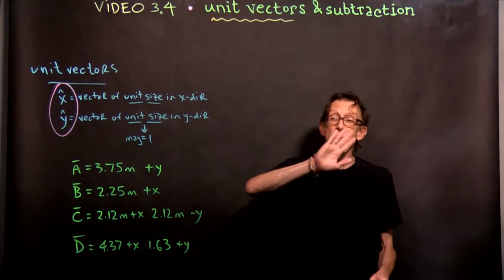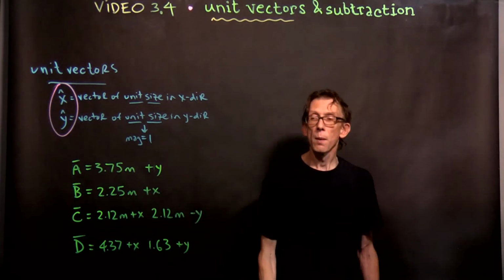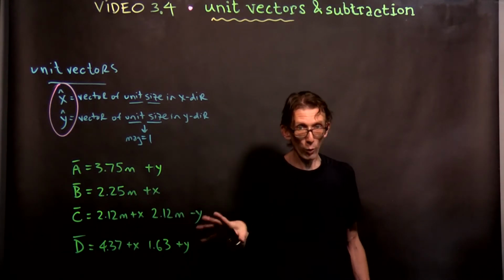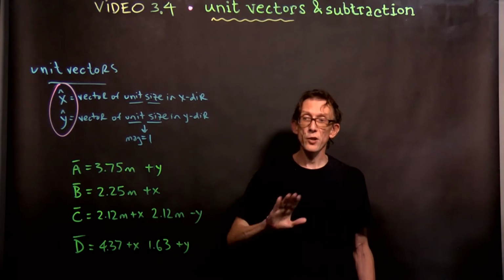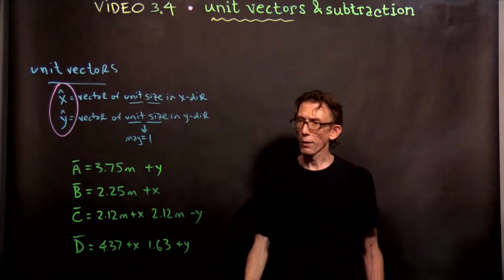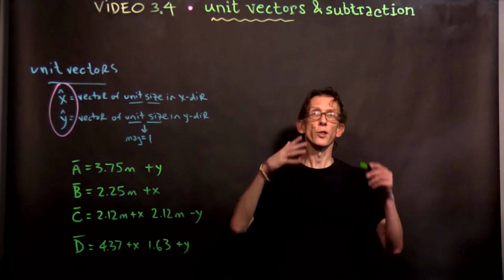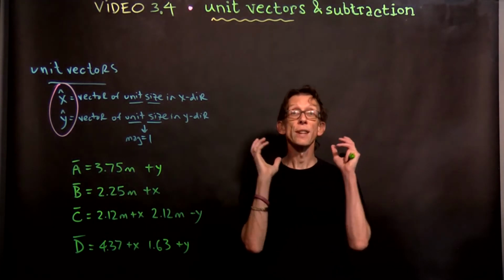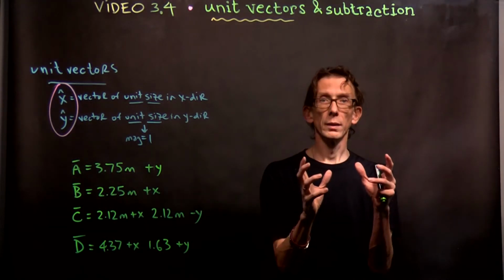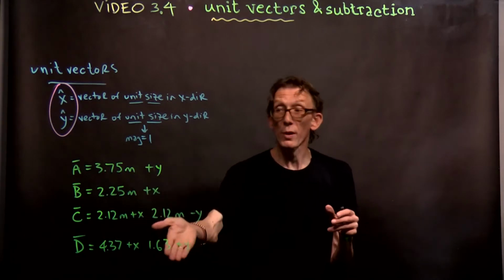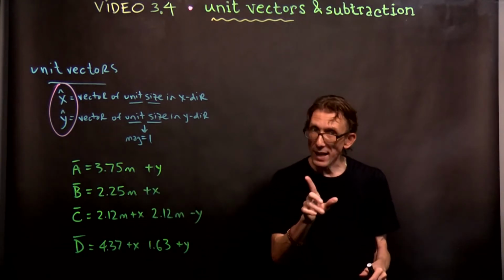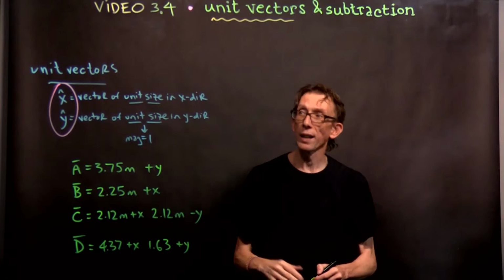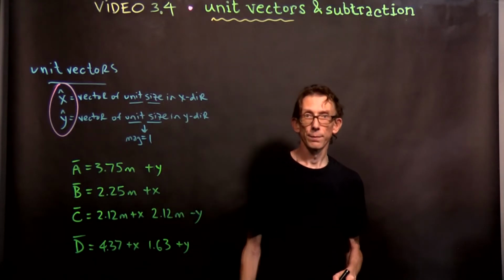So that's certainly a way to communicate them, but it's awkward and it's not streamlined. How do you put the direction and the magnitude together neatly to describe a vector? This is one way of doing it. There's lots of other ways. The neatest, most direct way of doing it is using unit vectors.